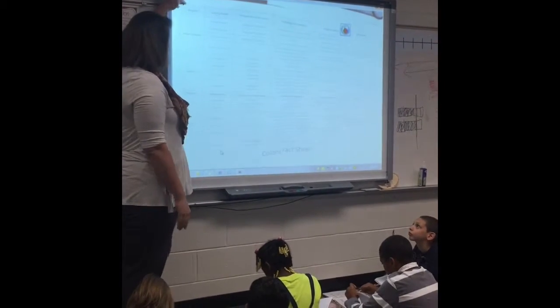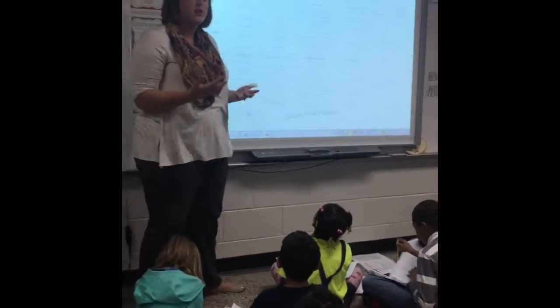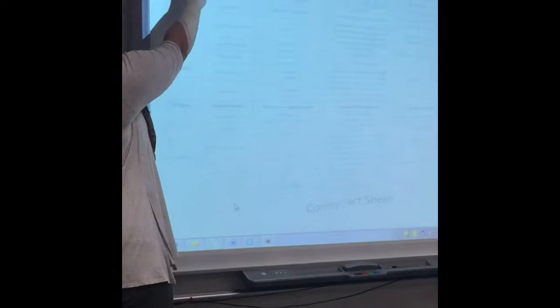Okay? It's always important to read the left side and the top of a chart because those are going to tell you the categories that are in that chart. So across the top we have what? Region, colony name, reason for settlement, economy and occupation, religious beliefs, and geography. All right?